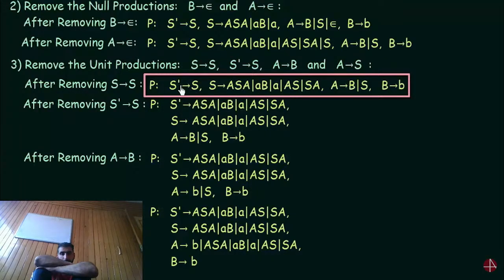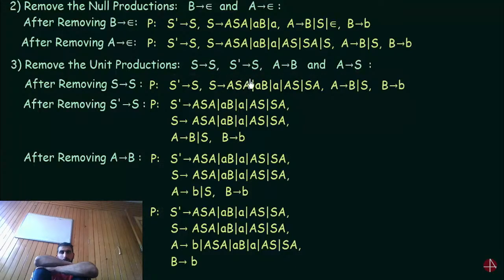So instead of writing S dash gives S, I will replace this S with the whole variables which S produces. So I will write S dash gives ASA, AB, A, AS, and SA, and then S remains the same, and A and B also remain the same.